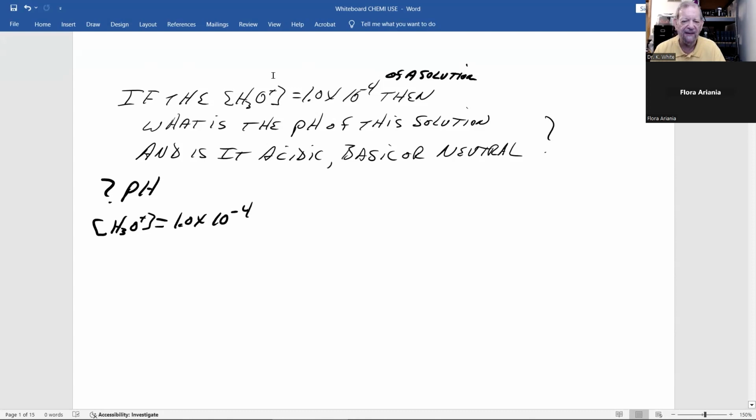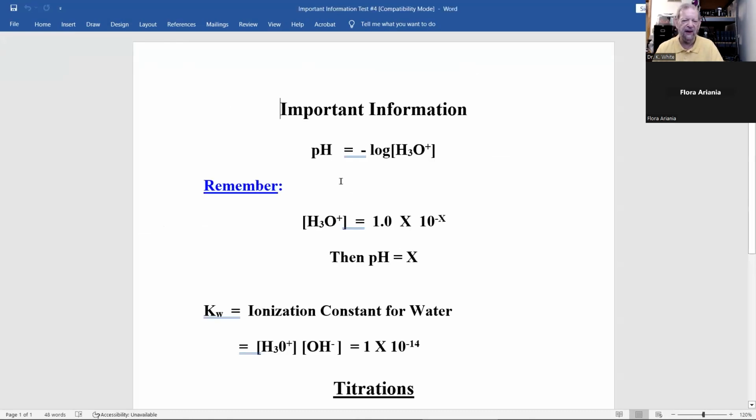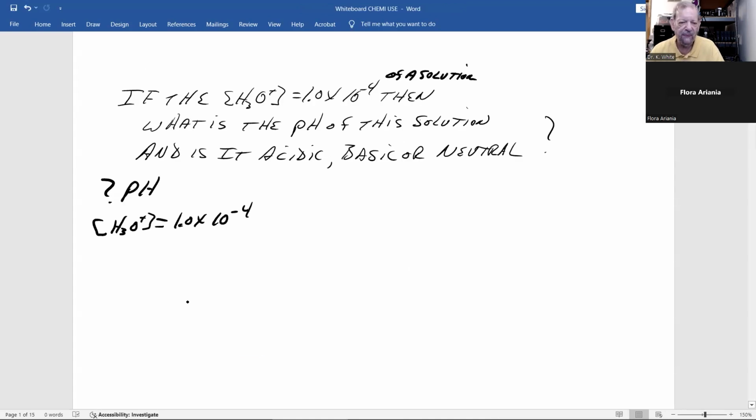Well, in case you forgot, you can go to important information. pH is minus log of the hydronium ion concentration, H3O plus. If H3O plus is 1.0 times 10 to the minus X, the pH is X. So we know this.